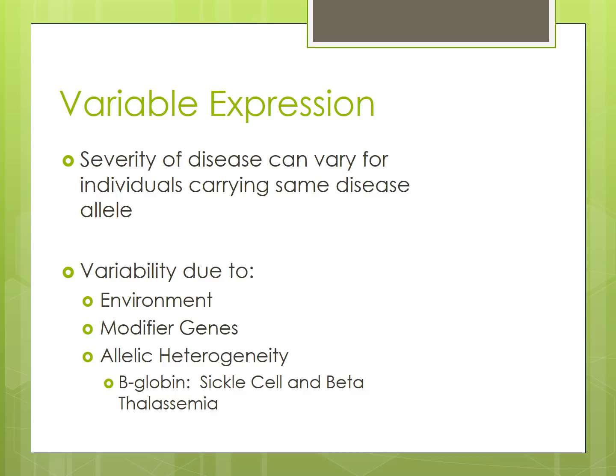These are all mutations on beta globin, but they are different mutations, and they lead to different severity of disease, even though you are being affected at a very similar locus on the same gene. So there's heterogeneity just due to the type of mutation at a different spot, which leads to a slight variation of a different disease.